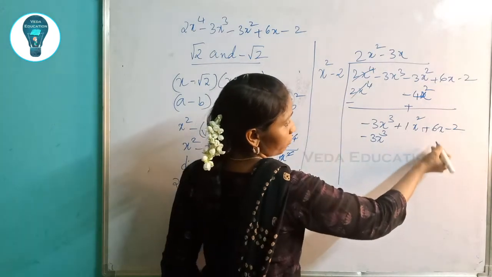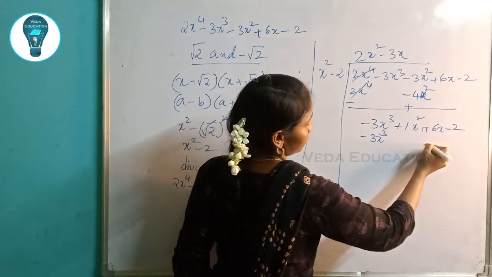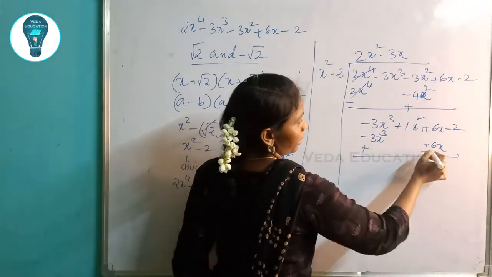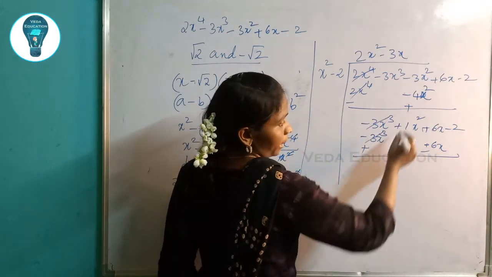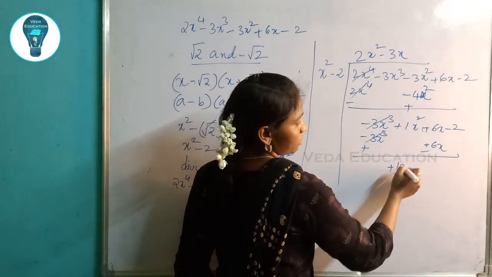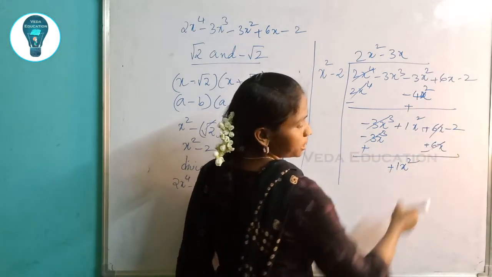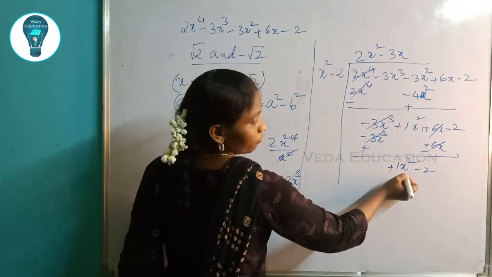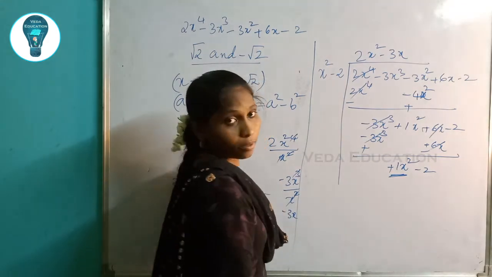So where we have the x term here, write it down. Change the sign here, plus, and here minus. And here no term is down, so directly consider 1x square, and here 6x is cancelled, and what is left here is 2.